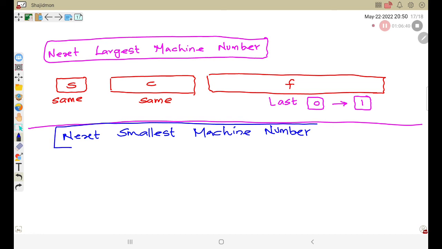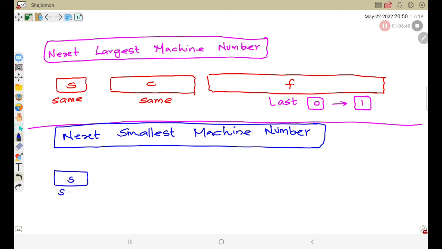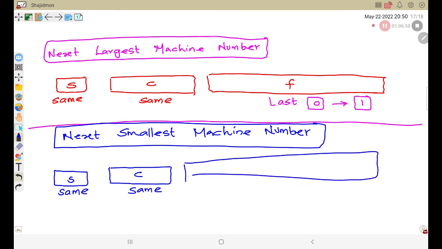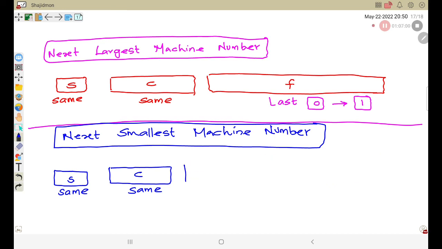You can see how we can find the next smallest machine number from that question. Write the sign bit part same as before, and the characteristic part also the same. Only when we change something in the fractional part, the F part, we will get the next smallest machine number.